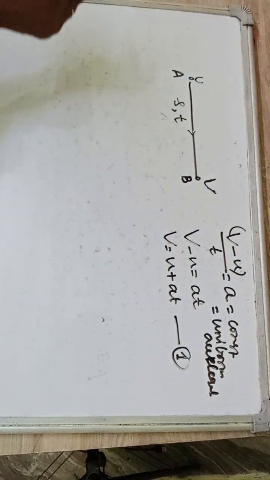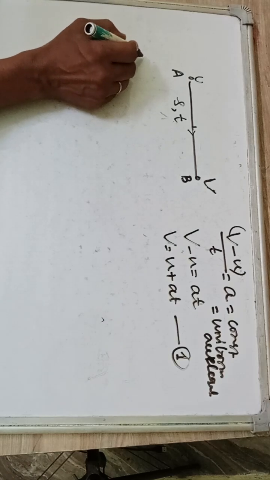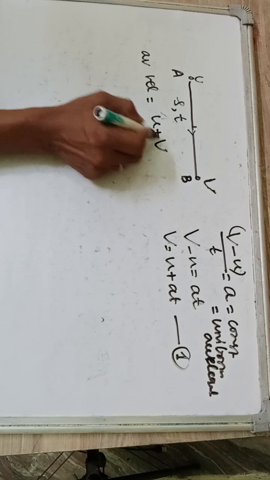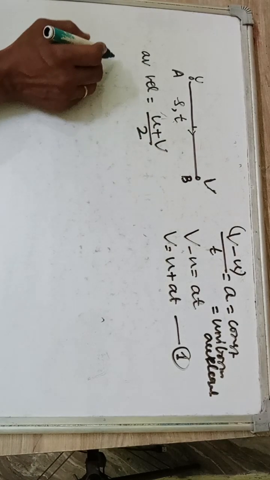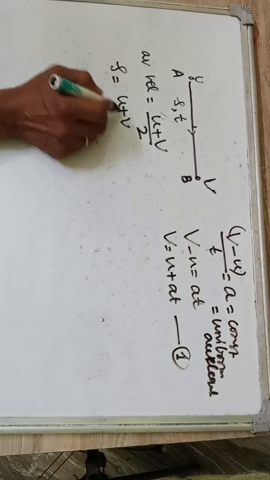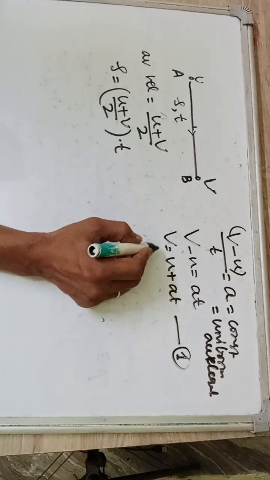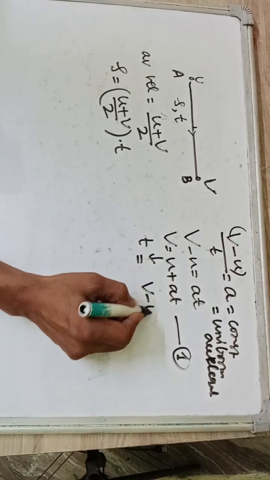For uniform acceleration, the average velocity is u plus v by 2. Now the displacement s is equal to u plus v by 2 into t. From here we got t is equal to v minus u by a.